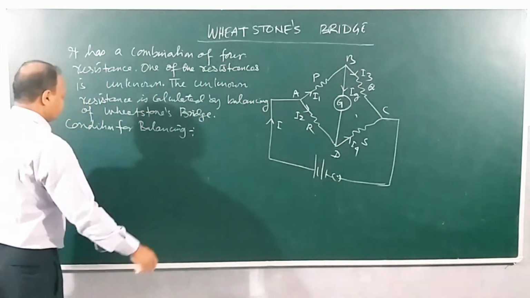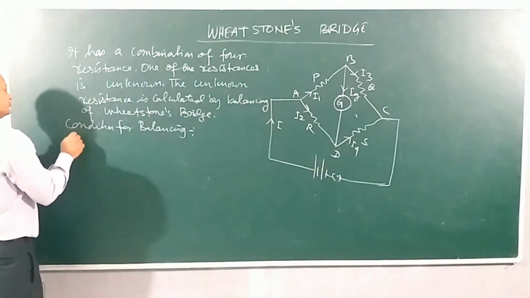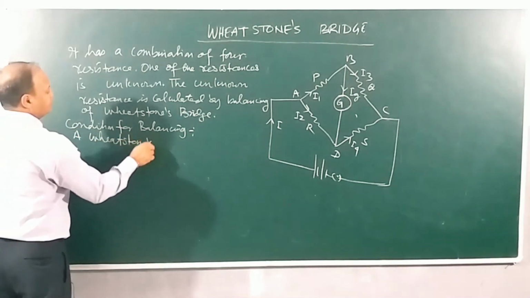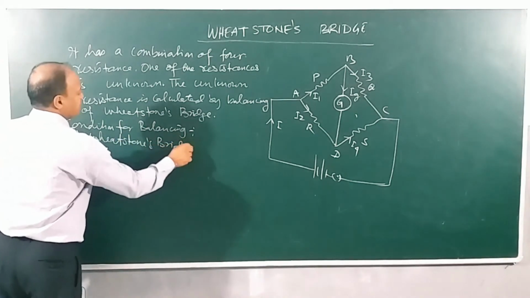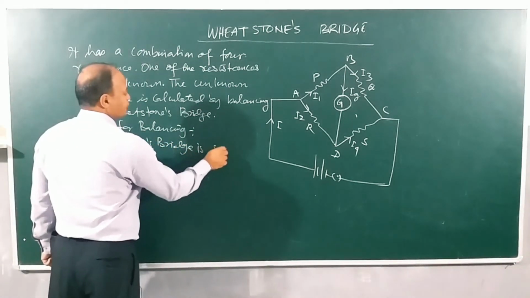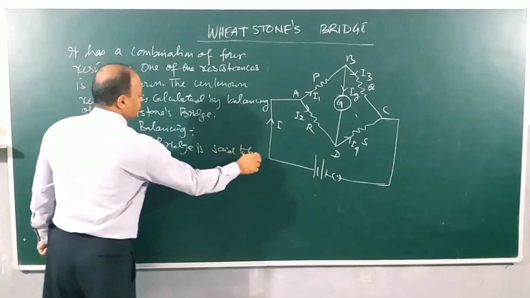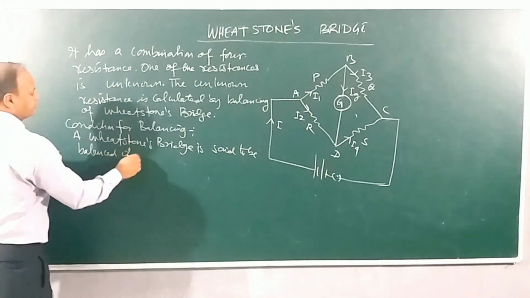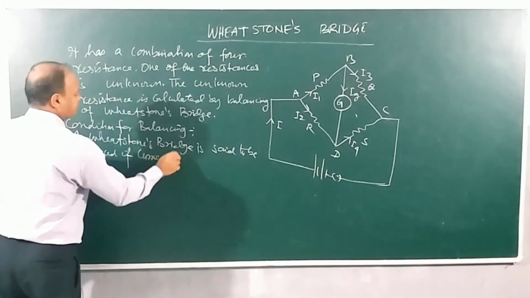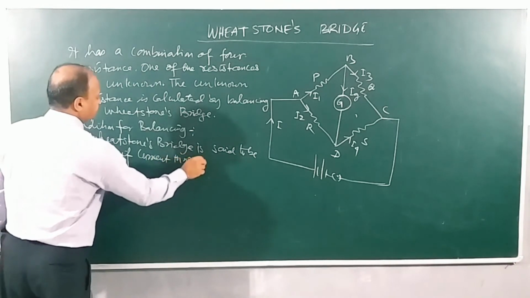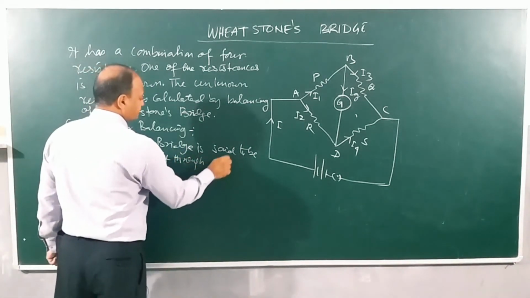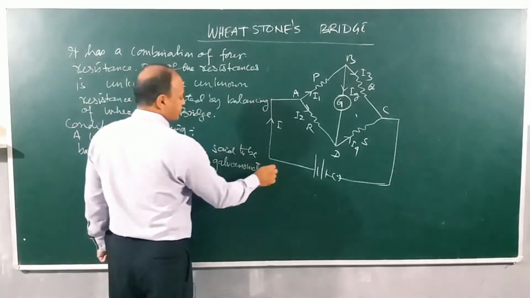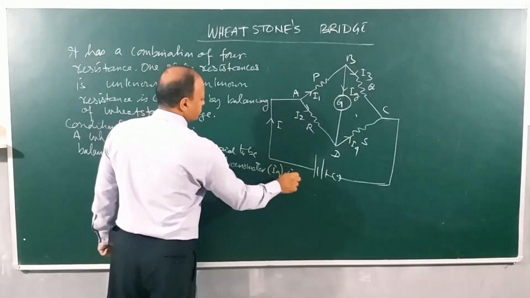So we say a Wheatstone's bridge is said to be balanced if current through galvanometer, that is Ig, is 0.